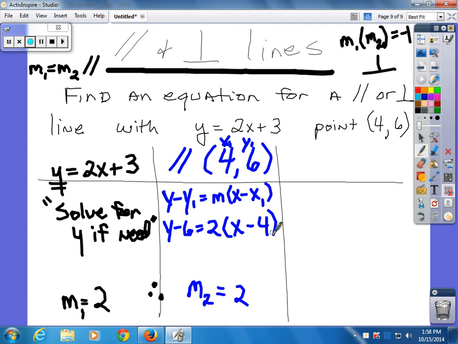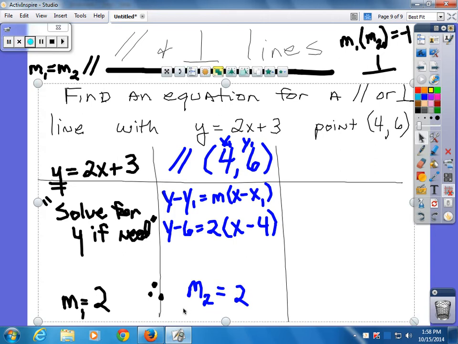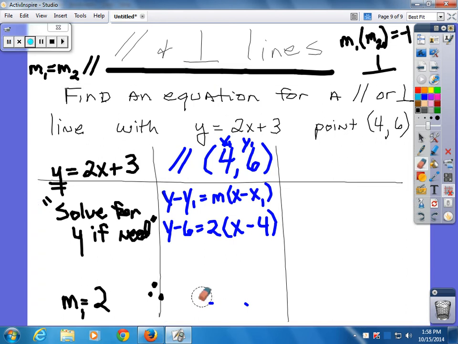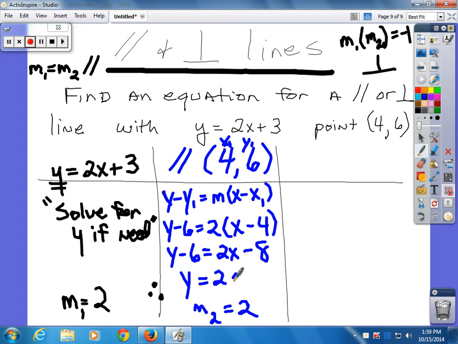And now what? Solve for y. Y minus 6 is equal to 2x minus 8, and y is equal to 2x plus negative 8 plus 6.